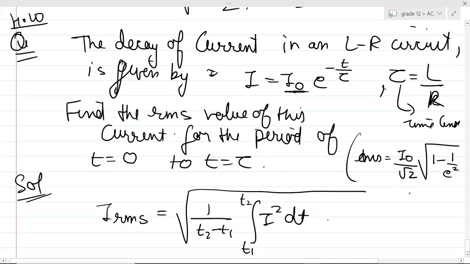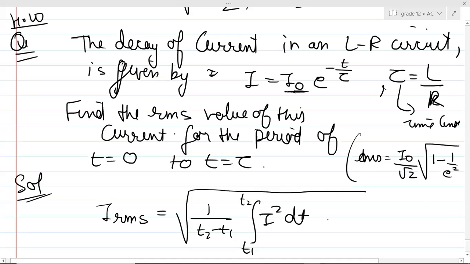Okay. This will be the answer for your IRMS. So in this question, do we just substitute for I and then integrate? Exactly. Okay, sir.